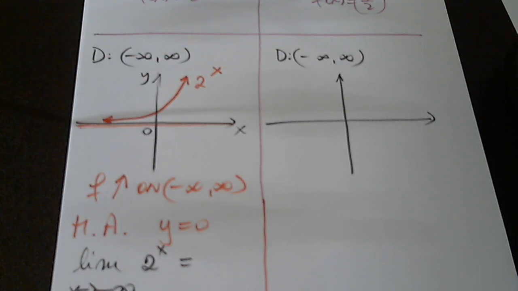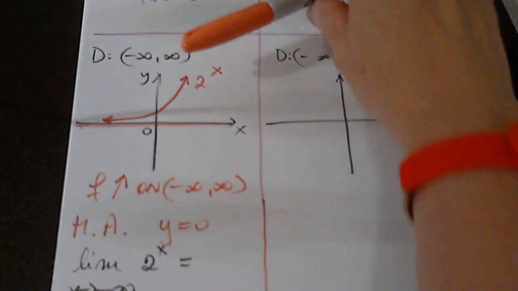From the graph, can anyone identify the limit of 2 to the x as x approaches negative infinity?